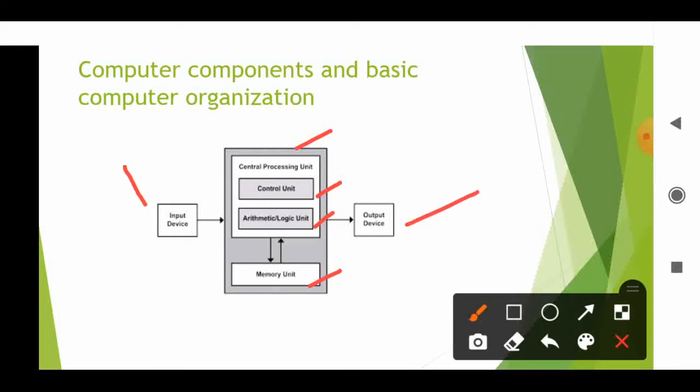The input device gives the input to the processor. The processor processes the data according to that input. After that it sends the result to the output devices. This is the way the process occurs in the computer, as shown in the image of computer components and basic computer organization.